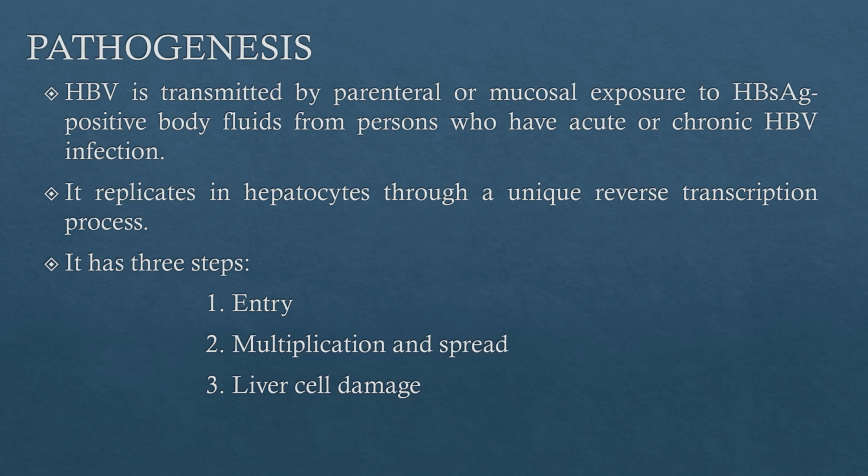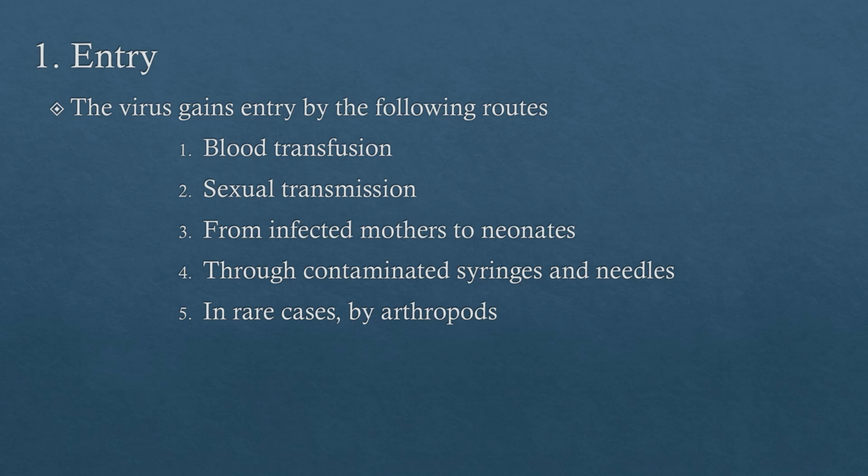It has three steps: entry, multiplication and spread, and liver cell damage. The first one is entry. The virus gains entry through blood transfusion, sexual transmission, from infected mothers to neonates, and through contaminated syringes and needles. In rare cases, it is transmitted by arthropods.